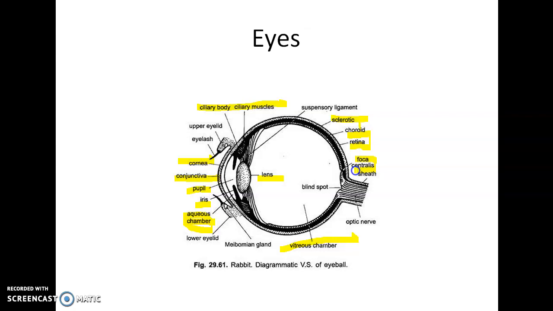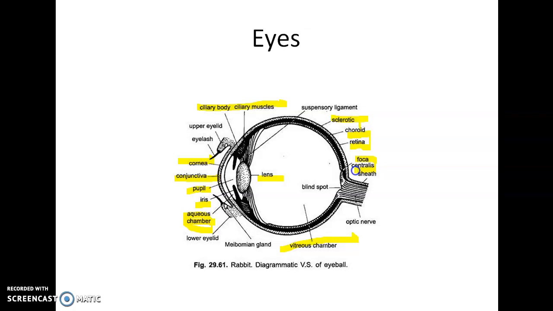The cones are disproportionately more numerous than rods. They contain a yellow pigment. In the center of this area is a thin depressed spot called fovea centralis. Here the rods are completely absent. There is a dense concentration of cones.